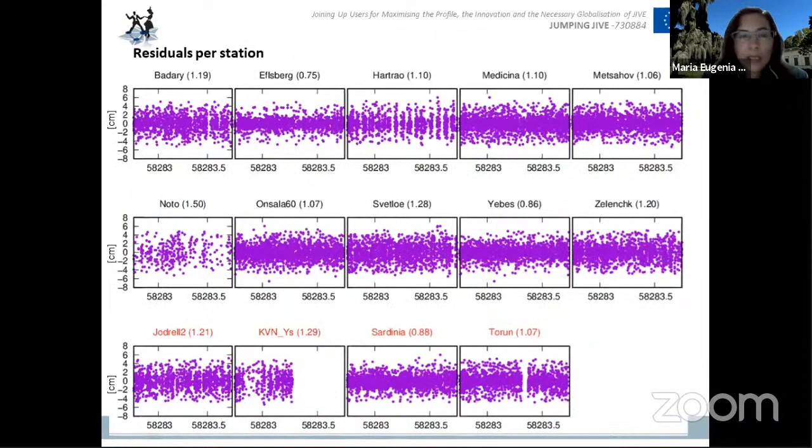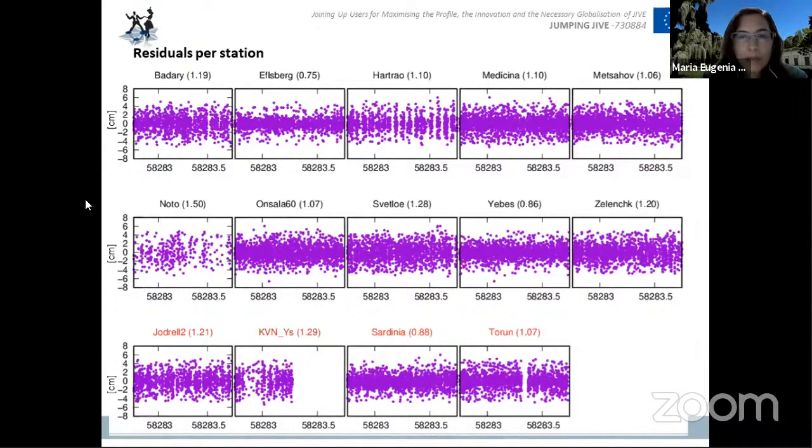Here is a picture of the receivers per station. In every plot, we have an observation done by the mentioned station. So, for example, here for this plot, we have the same Badari and FSV, as well as Onsala.